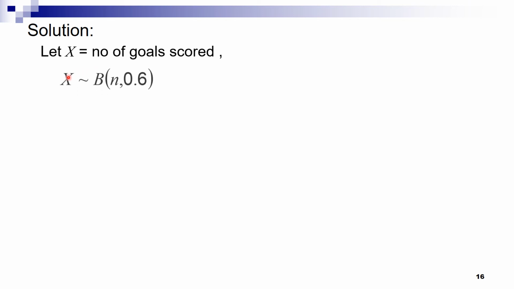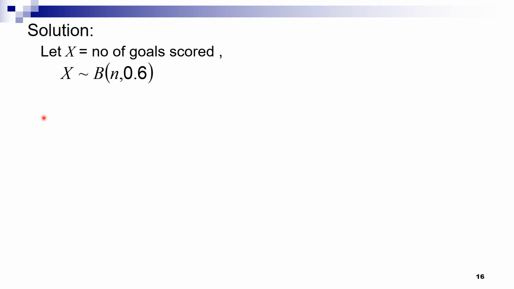We define our X as the number of goals scored. So your X is binomially distributed with n, where n is the number of penalties taken, and 0.6 is the probability of scoring a goal. Now, the information given is that the probability of scoring at least one goal is more than 0.99.